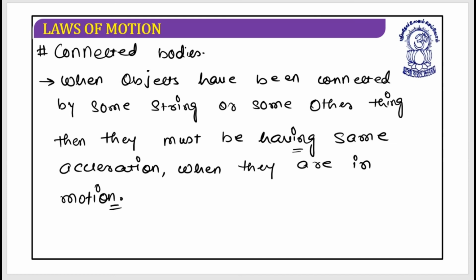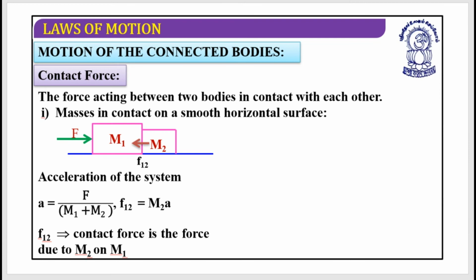So when they are in motion, they must have the same acceleration. This is the concept behind the connected bodies. We must remember this, and this is applicable every time. Let's have a look.